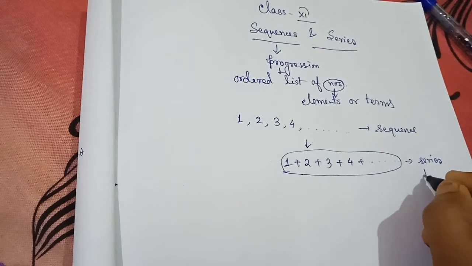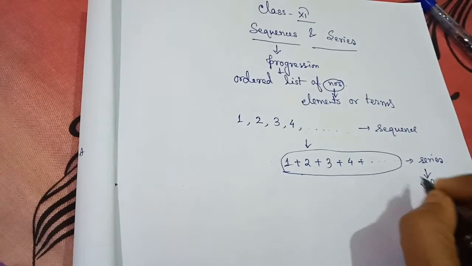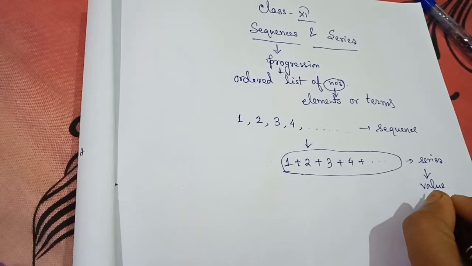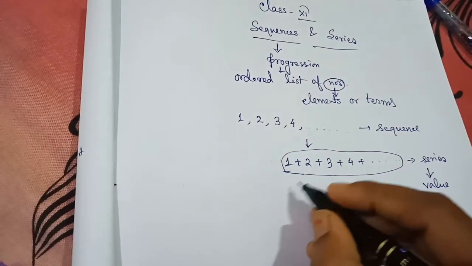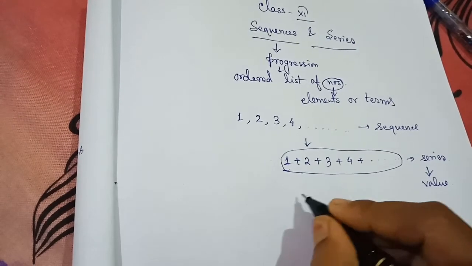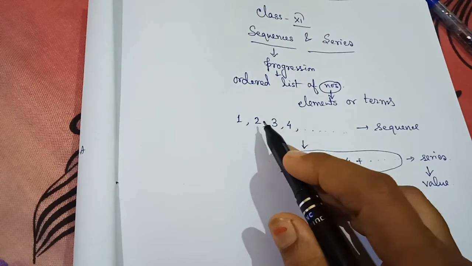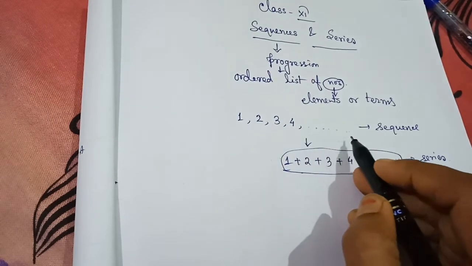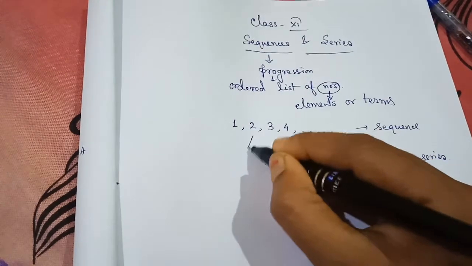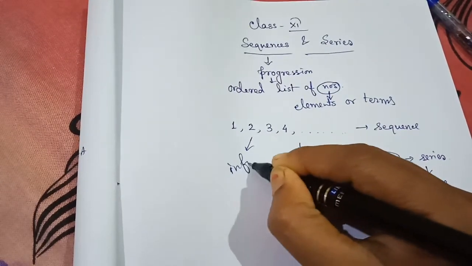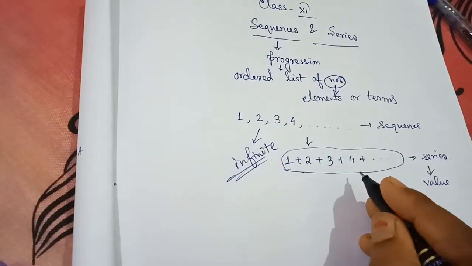Now a series will have a particular value, right? Because we can add it up and we will get a particular value. Suppose I'm giving a very simple sequence: 1 plus 2 plus 3 plus 4, that means 1, 2, 3, 4, dot dot dot. It goes on forever, so it is called an infinite sequence. Correspondingly, this is called an infinite series.